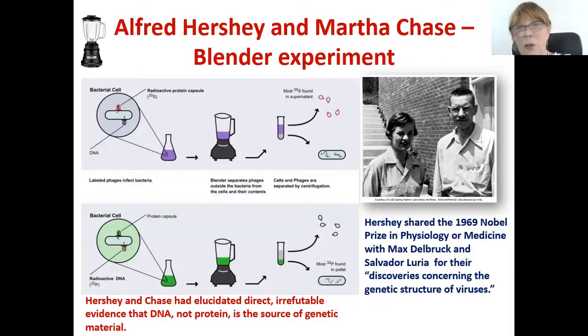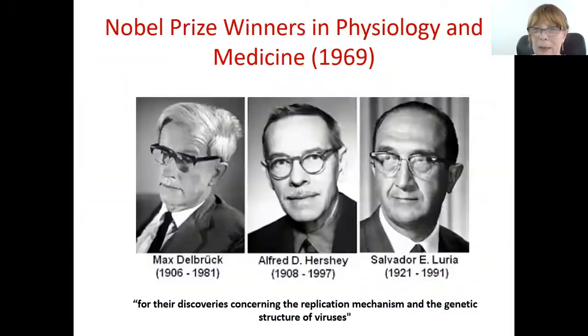Hershey, not Chase, together with Max Delbruck and Salvador Luria, received their Nobel Prize in 1961. They were awarded for the discoveries concerning the replication mechanism and genetic structure of viruses.